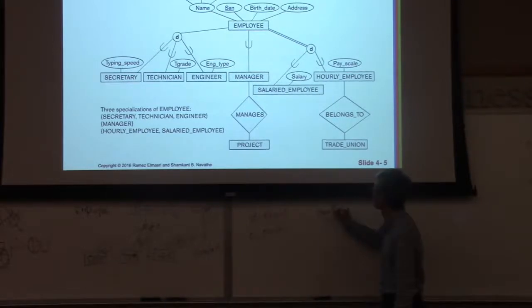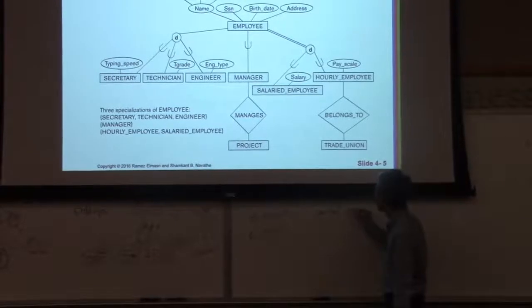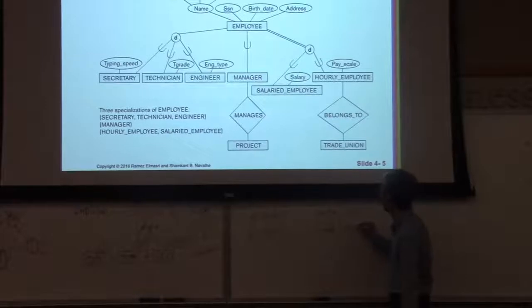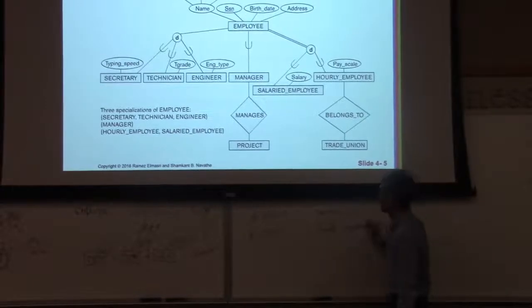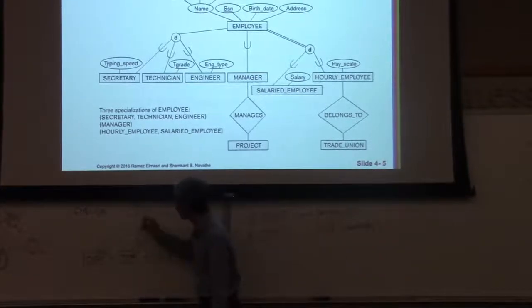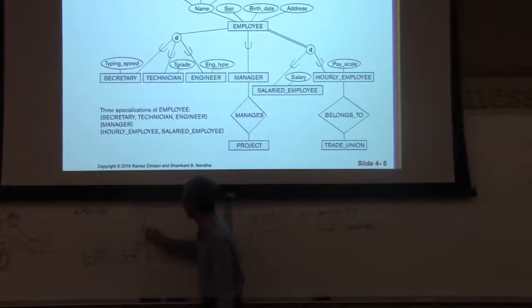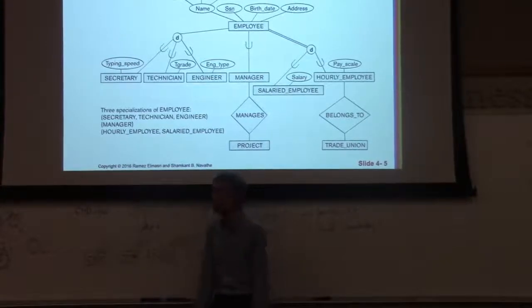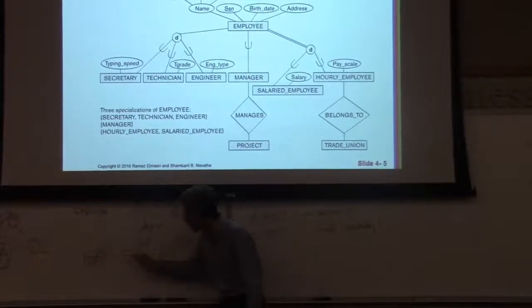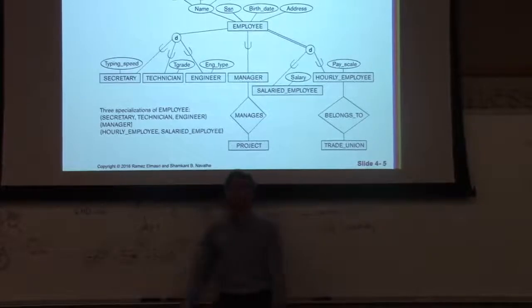Partial. The partial means the optional, and the full participation is mandatory. So disjoint with the partial. Partial disjoint means single line and D. Which means an employee can be a general employee or an engineer employee or a technician employee or a secretary employee.